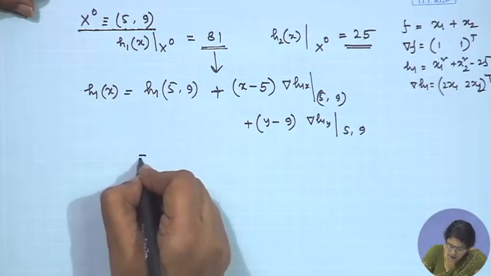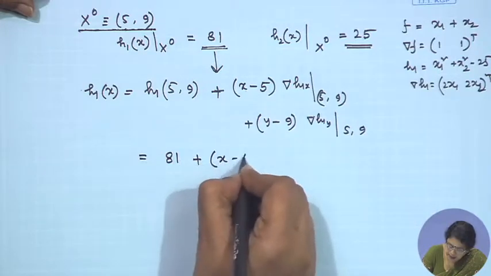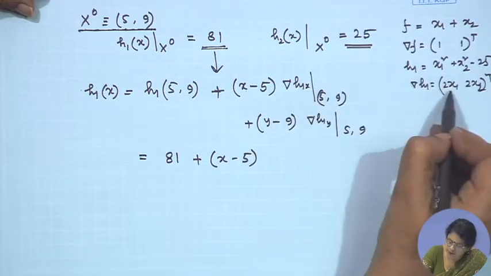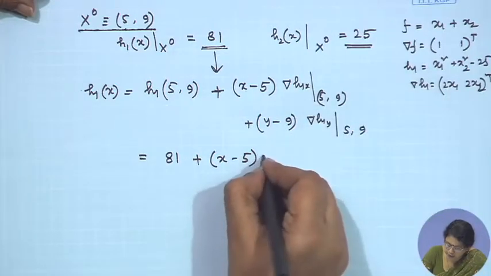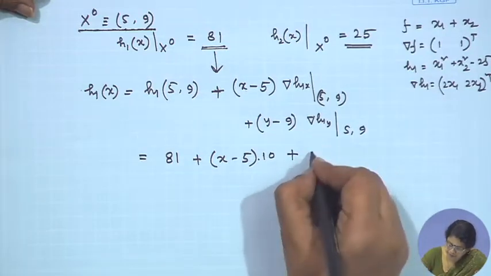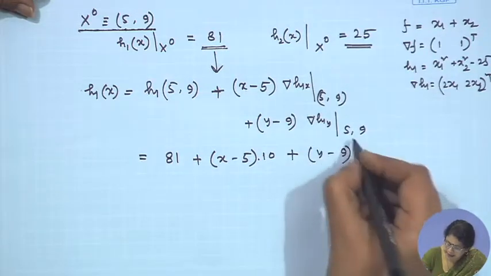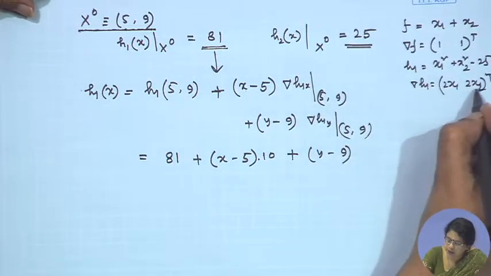Now, this is equal to 81 plus (x minus 5) times 2x1, the x part is 2x1, 2x1 means 5 into 2, that is 10, plus (y minus 9), at 5 and 9 the y part is only 18.